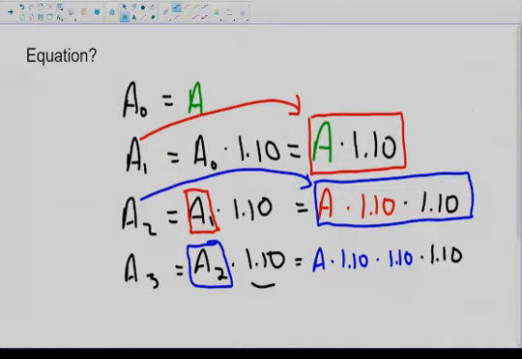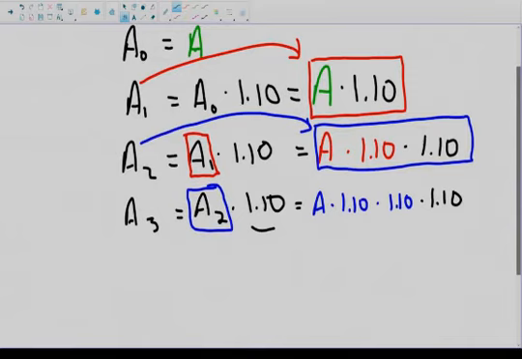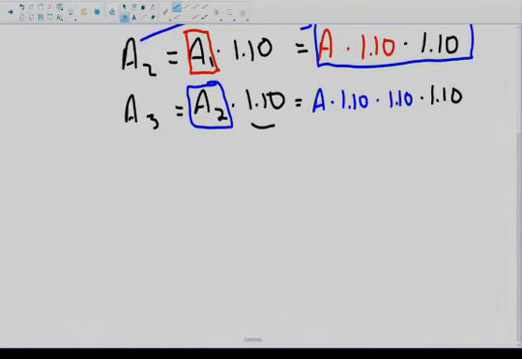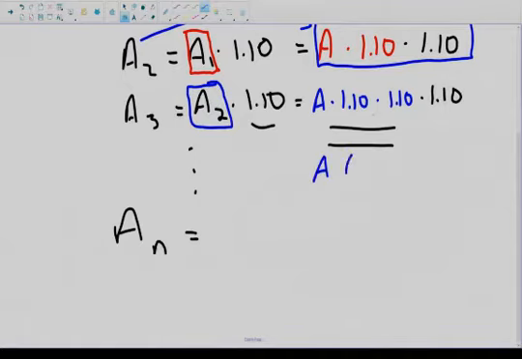Well, if I continue this all the way up to An, looking at this pattern, can you see that all we're doing when we multiply 1.10 times 1.10 times 1.10 is technically multiple multiplications can be replaced by a power?